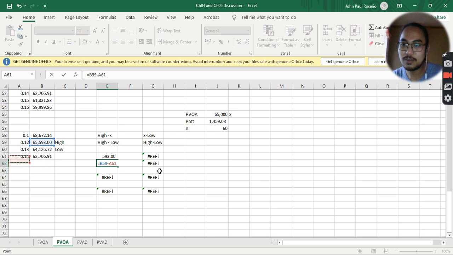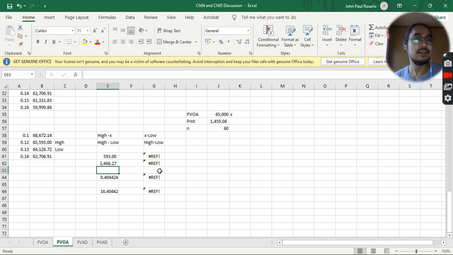That will give us 0.40. What do we do with the 0.40? Same thing that we did in the future value calculation, and then i is the unknown. So which value was your constant? Your constant was your high.